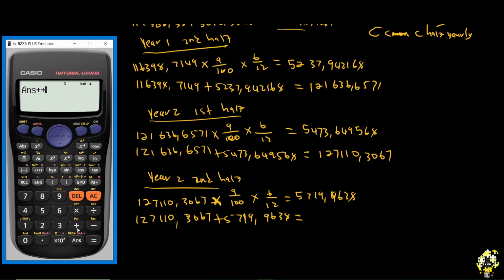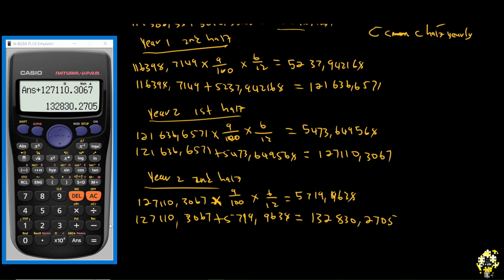Since it's already here, let's say 127,110.3067. We are going to get 132,830.2705. Now it looks like, yes, indeed, we are done.